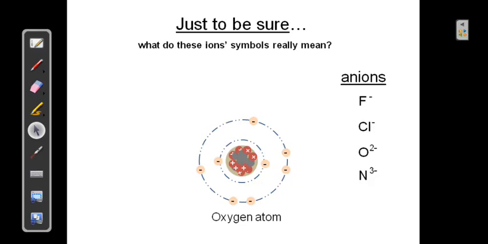Of course it also has 8 electrons, right? 2 in the innermost and 6 on the outside. So this is an oxygen atom. Well, just like lithium, oxygen too wants to be kind of noble, sort of. So they like to have 8 electrons to achieve the octet status.